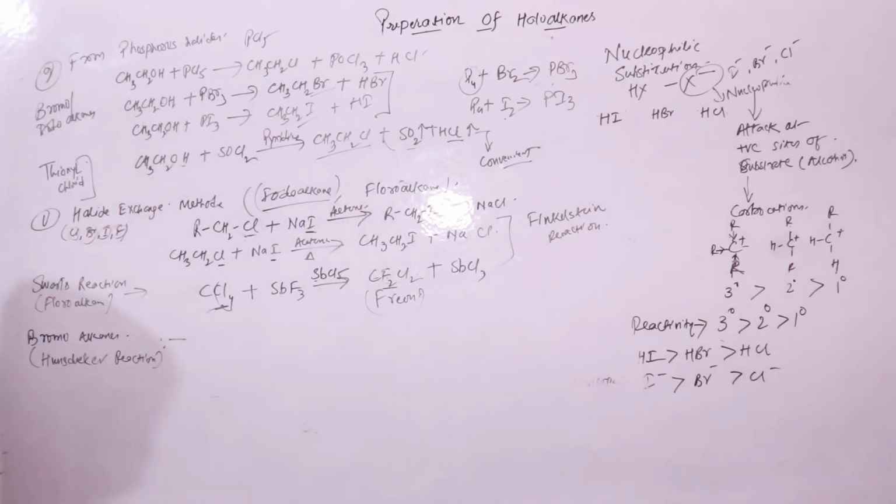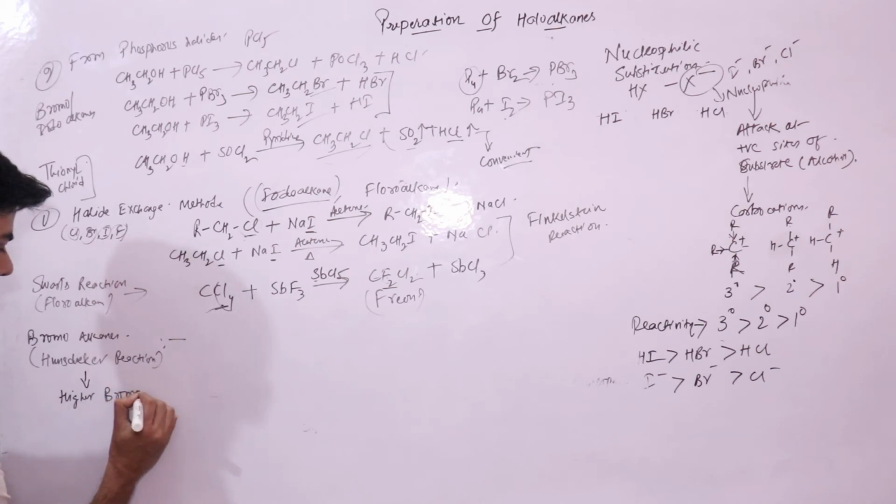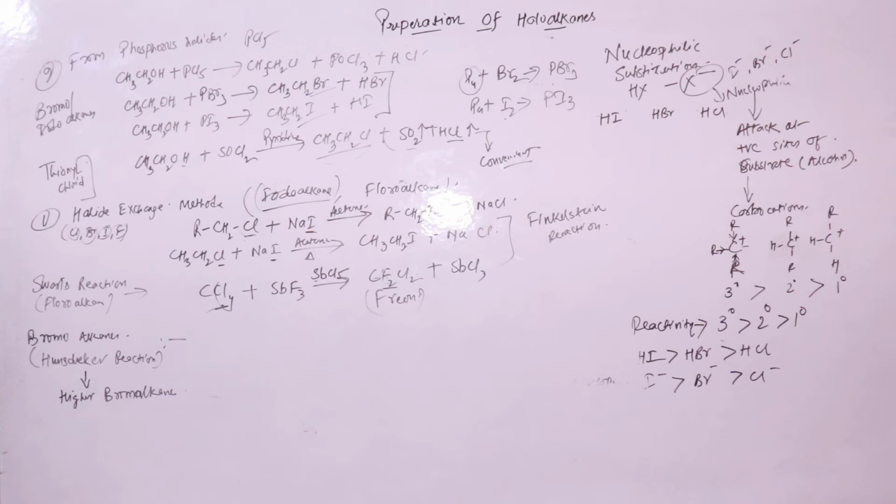What you basically do in this reaction is take the silver salt of a higher fatty acid, then treat it with bromine in carbon tetrachloride.